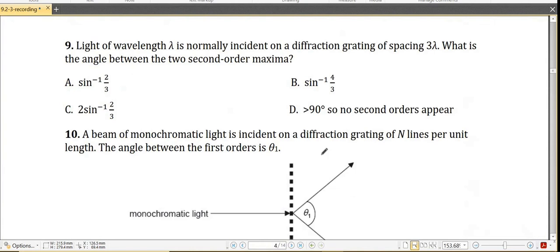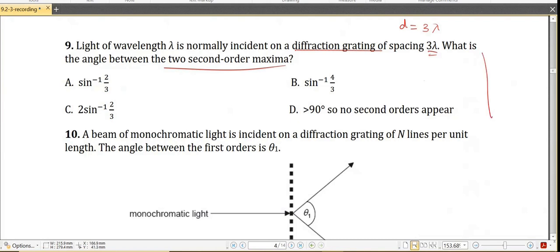Now, question number 9. It says, light of wavelength lambda is normally incident on a diffraction grating of spacing 3 lambda. So I'm going to write spacing d equal to 3 lambda. What is the angle between the two second order maxima? So let's draw the diagram.